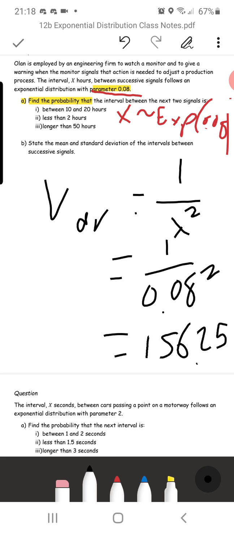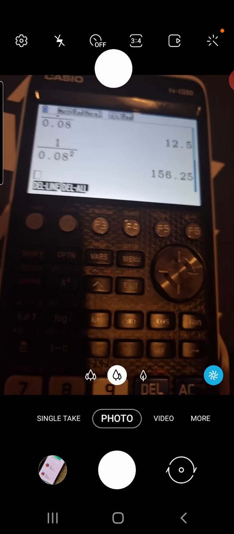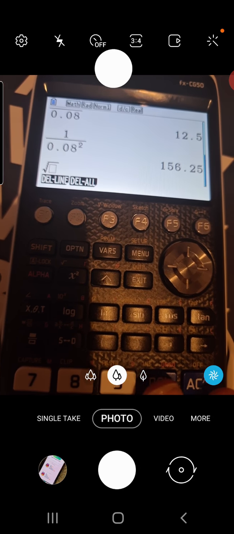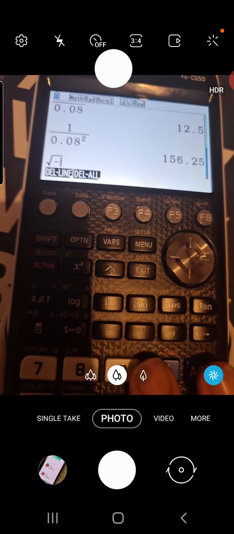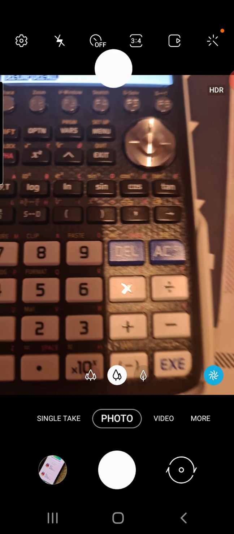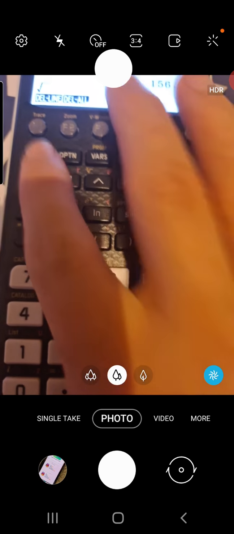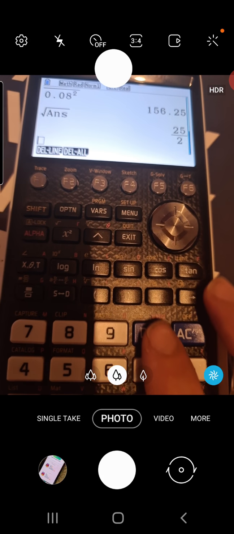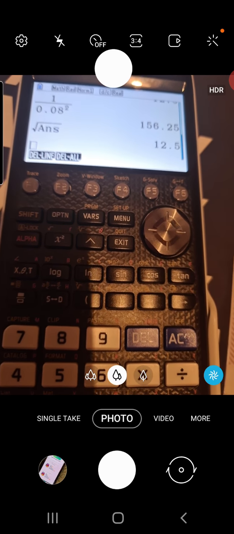Now if that's the variance, the standard deviation must be the square root of that. And if you square root, shift, square, your answer, answer button is shift, negative. So shift, negative, so square root answer. 12.5 as well, what a surprise.